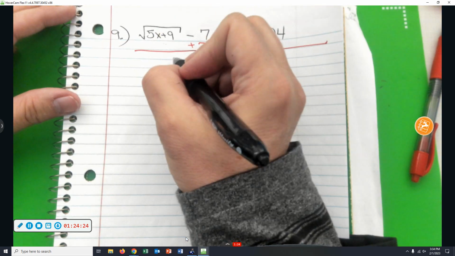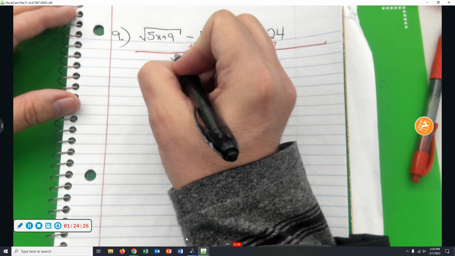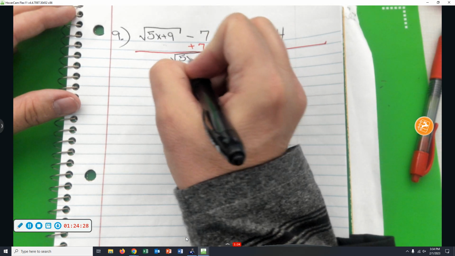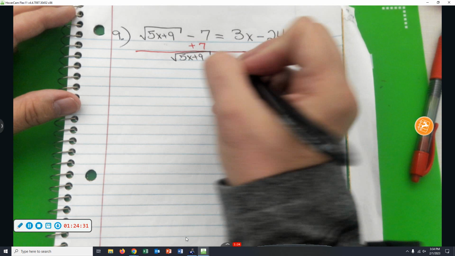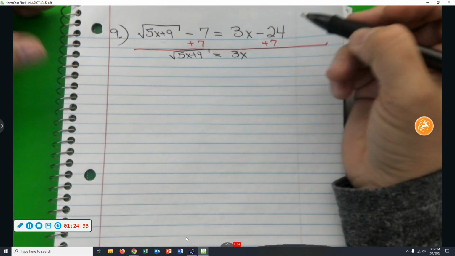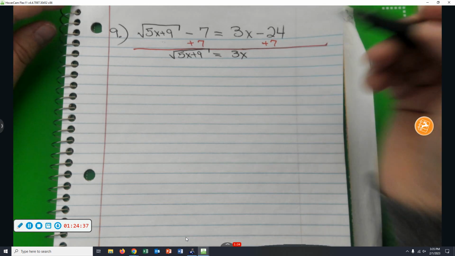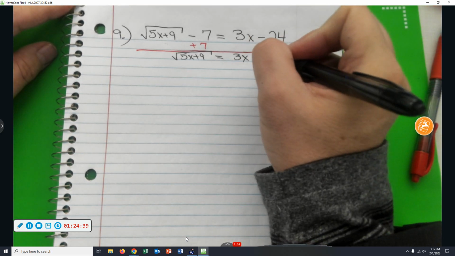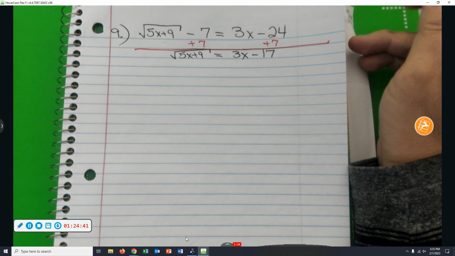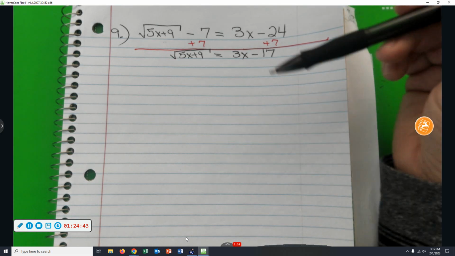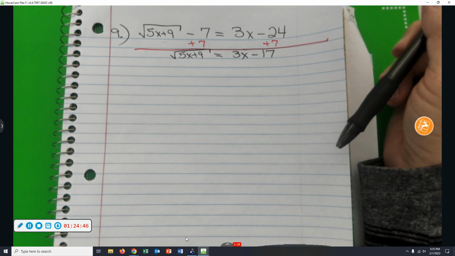I'll show it because this is going to get so messy. So I have just the square root of 5x plus 9 equals 3x minus 24 plus 7. Is that a negative 17? Since this is the square root, we're going to have to square both sides.